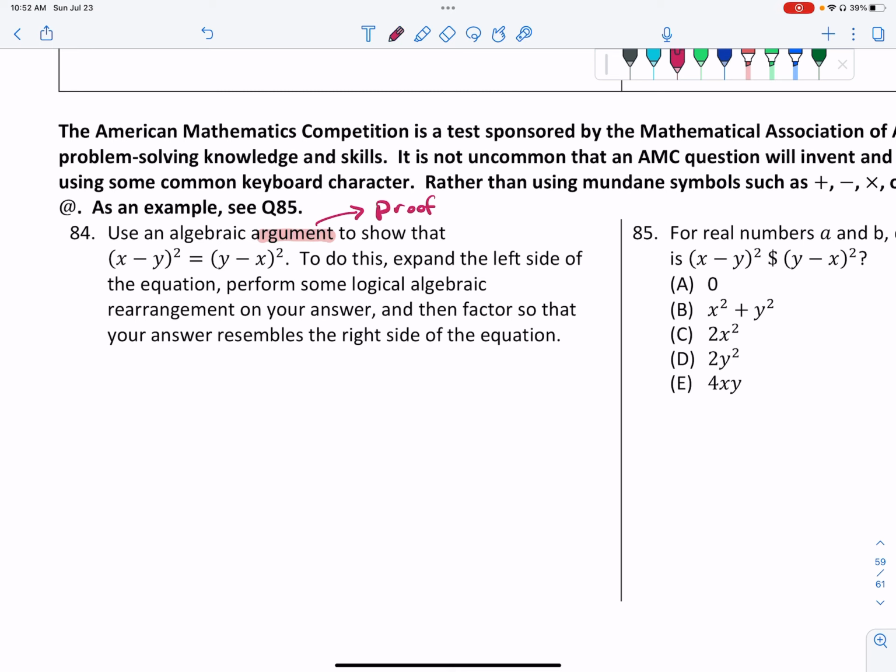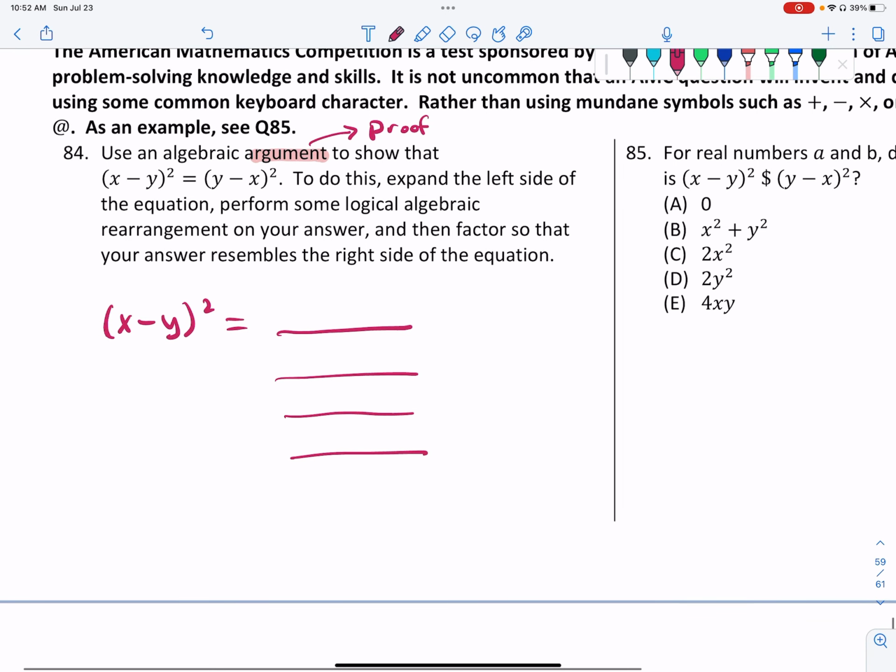What you basically do is start with one side, and it really doesn't matter which side. It suggests left, so I'd go x minus y squared is equal to, and then you're going to do some math over here. Math is going to happen, and then you're going to ultimately end up with y minus x squared. And as long as you've used mathematics correctly, all of these things are supposed to be equal to each other.